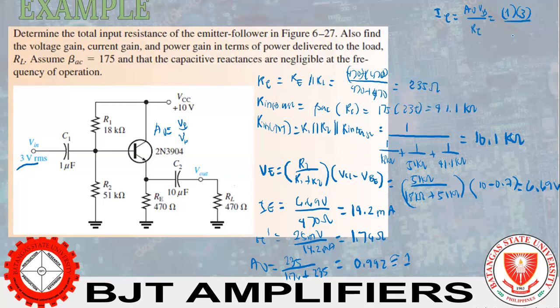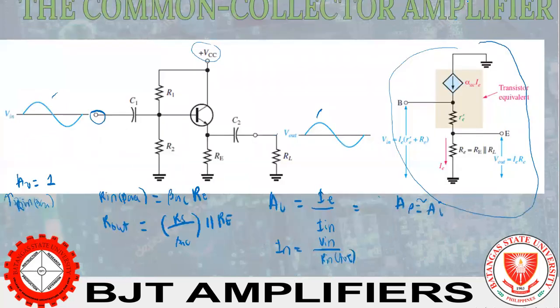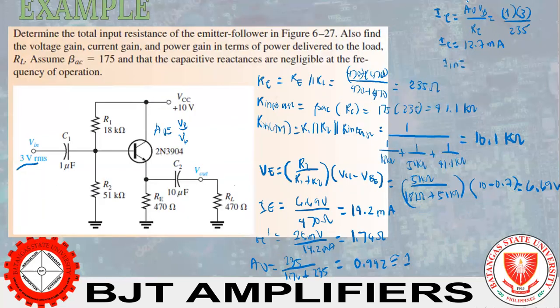Over 'yung RE natin is 235. 'Yung IE natin is equal to 3 over 235 is 12.7 milliamperes.